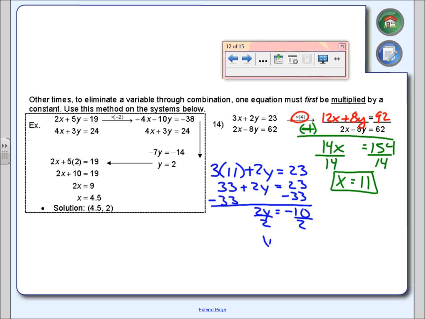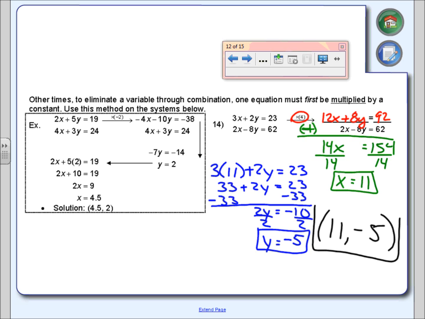Divide by 2. A negative 10 divided by 2 is a negative 5. Therefore, we have both the x and the y value. Of course, we need to write it as an ordered pair, and that ordered pair is 11, negative 5. So there's my solution to this system.